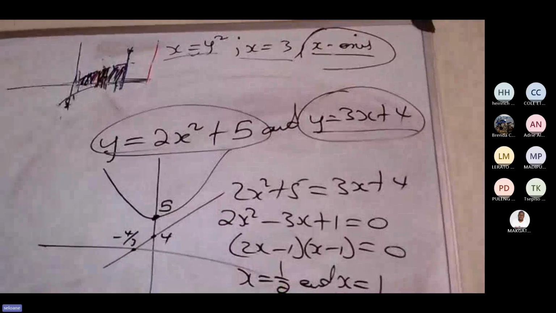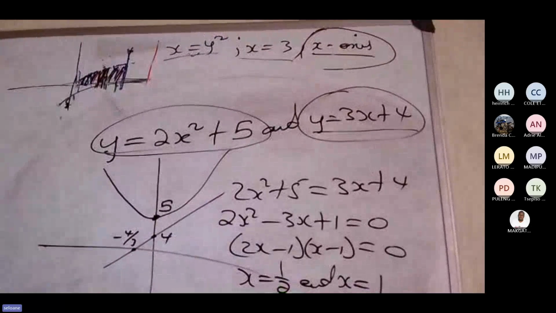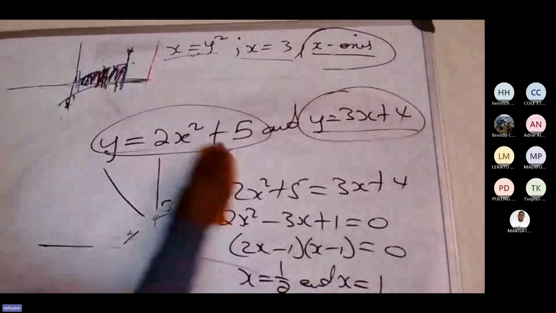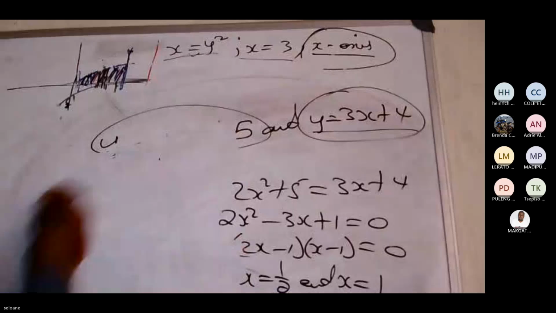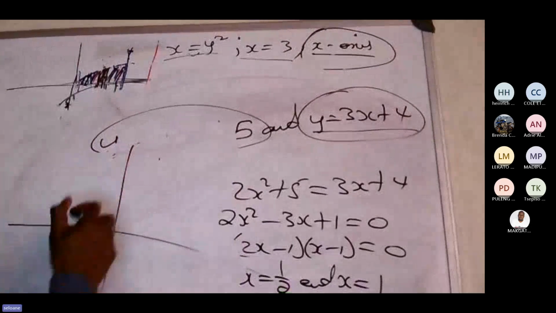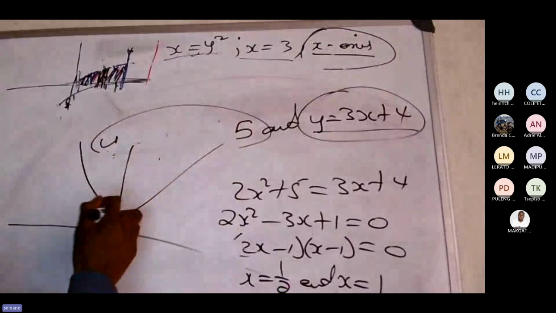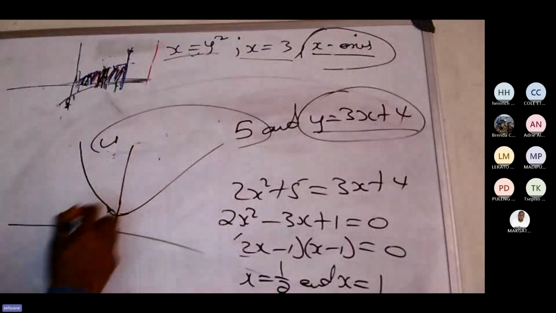I agree with you, Adri. This is wrong. That is my guess that frustrated that student. So the sketch is wrong. As you said, Adri, your graph must be something like this. That's right, 5 here. There's no problem.